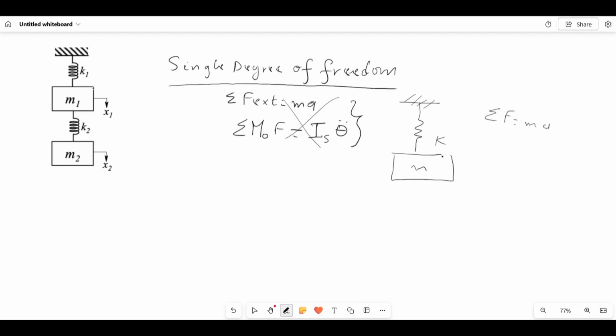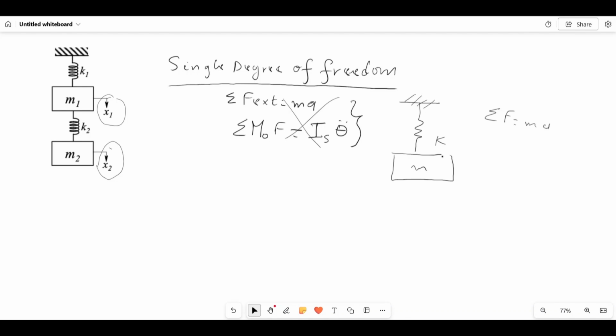Now, as you can see in this case here, we have mass 1 and mass 2. Because of the presence of these two masses, x1 is moving in this direction, x2 is moving in this direction. Because we have two objects going in whatever direction, either the same or opposite, we are having multiple degrees of freedom.